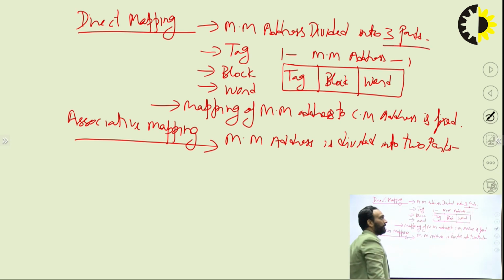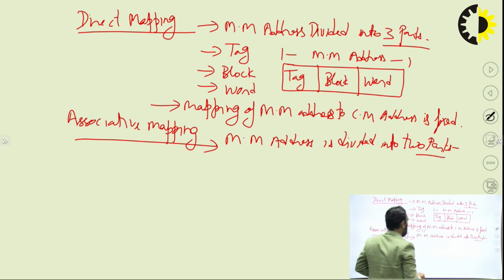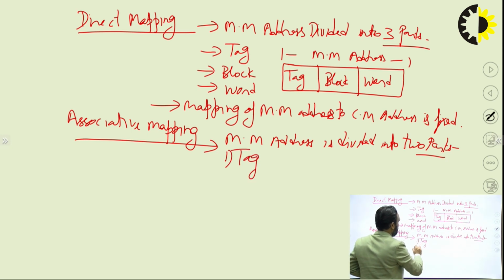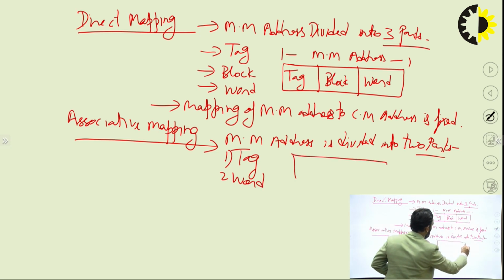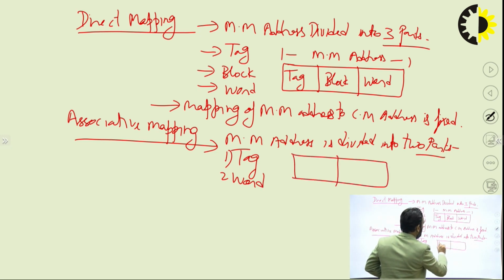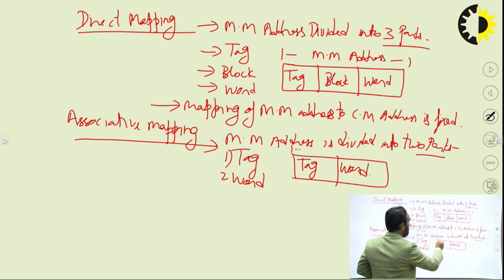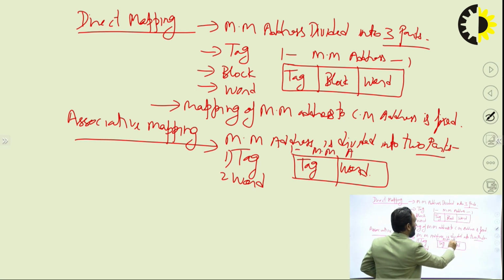In direct mapping, we divide it into three parts, but in associative mapping, we divide it into two parts. These parts are tag and word. Only two parts, tag and word. Right? It is a main memory address.